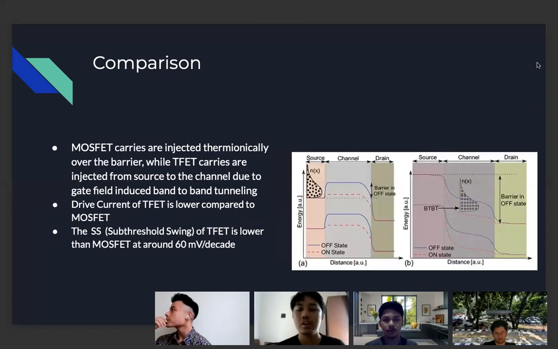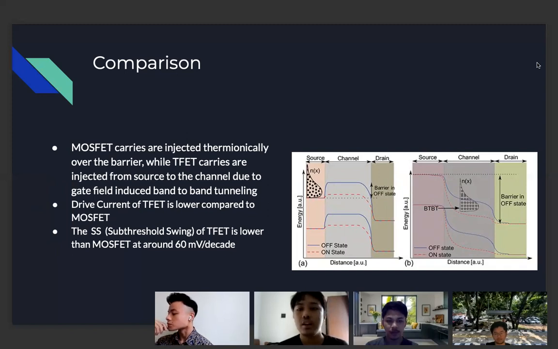So this is the graph of the TFET and MOSFET. First of all, in the MOSFET, carriers are injected thermionically over the barrier, while in TFET carriers are injected from the source to the channel due to band-to-band tunneling.